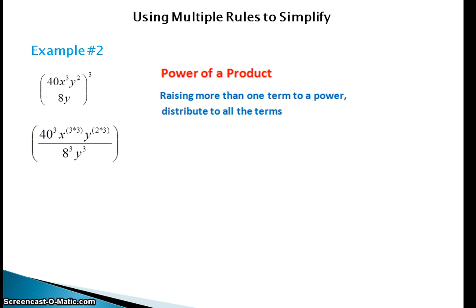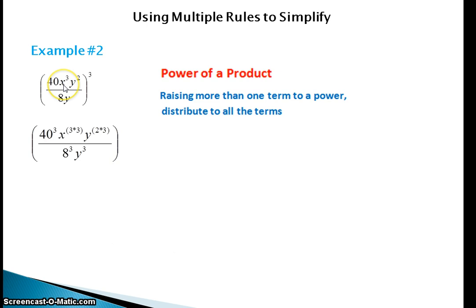Now, we could have called this the power of a power law. We could have applied this as the power of a quotient law. I just chose the power of a product. Either way, I have to take that power that is outside the parentheses and apply it to every term in this expression, including the numbers. So you can see I raised 40 to the 3rd power.